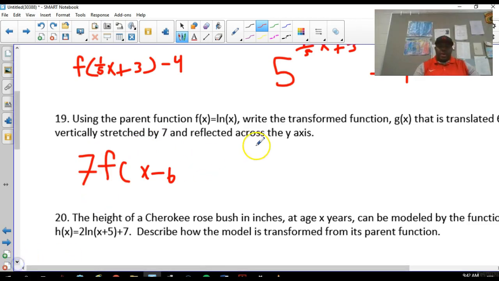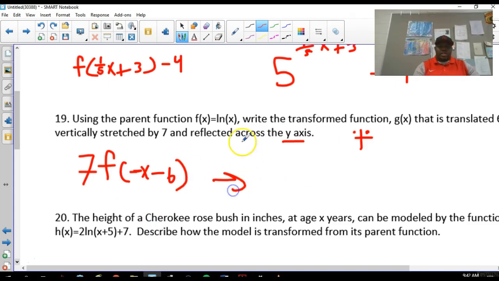And then we got to reflect across the y-axis. Well, remember, when you reflect across the y-axis, that is a horizontal translation, to go from over here to this side. That's horizontal. So that means it goes into parentheses with the function like that. So this is our transformation to f of x.